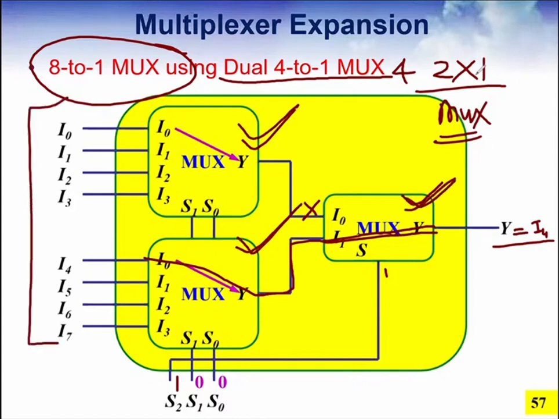Then I can design an 8 to 1 multiplexer with the help of two 4 to 1 multiplexers and one 2 to 1 multiplexer. That is, 4 to 1 dual and 2 to 1 single. We can design it.